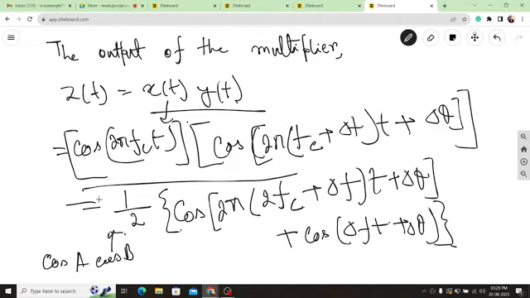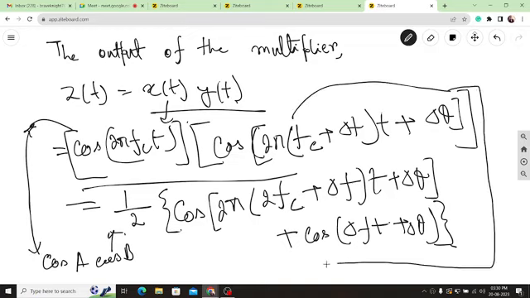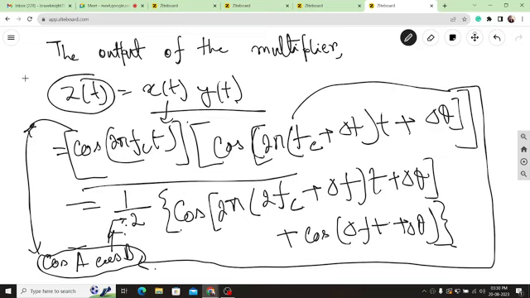Okay, so this term is cos A and this whole term is cos B, and then from this cos A and cos B formulation we derive this equation. So this is the signal z(t), that is the output of the multiplier.